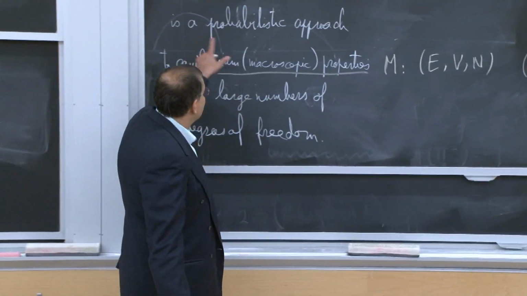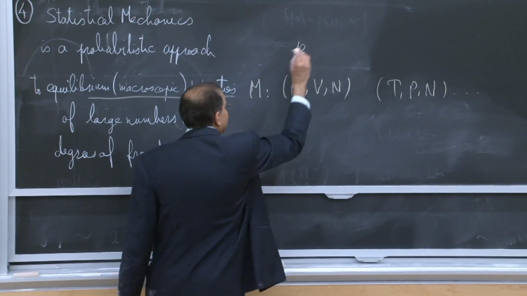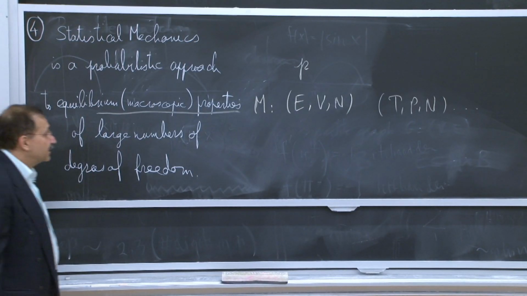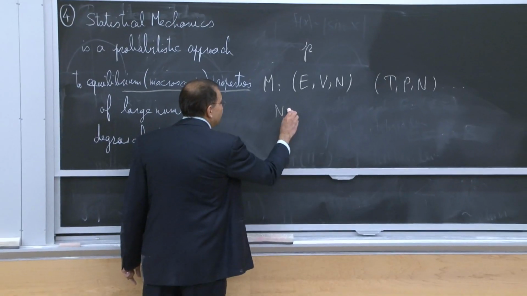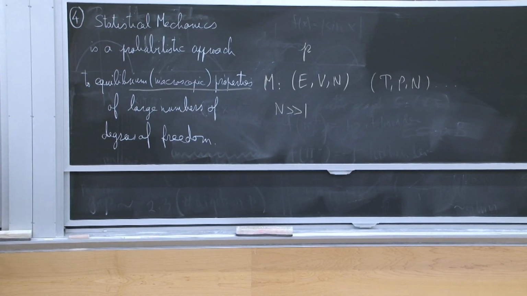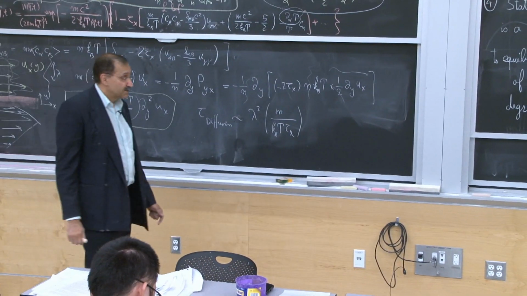Clearly, for a probabilistic approach, we want to know something about the probability. And we saw that probabilities involving large numbers, and actually various things involving large numbers, had some simplified character that we are going to exploit.